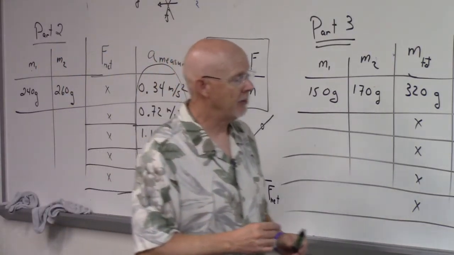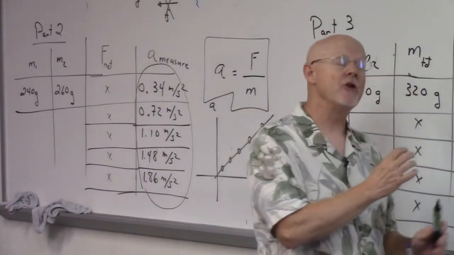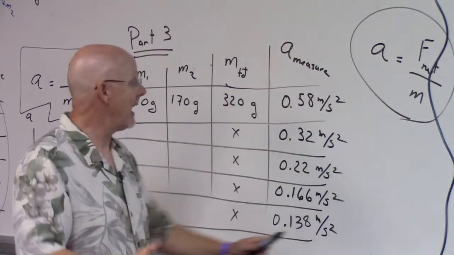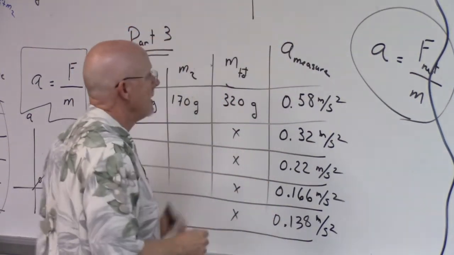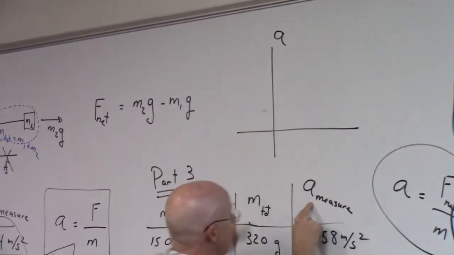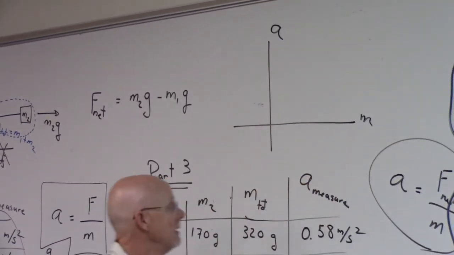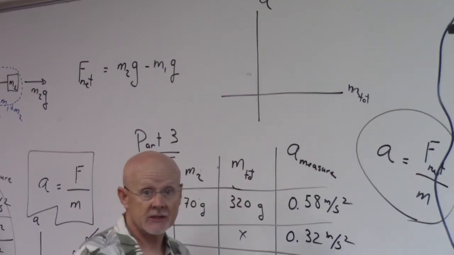Now, I'm going to ask you to do a second graph, and your third and last piece to turn in for this lab is to make a plot. Again, you have acceleration on the vertical axis, but mass, total mass, on the horizontal axis.